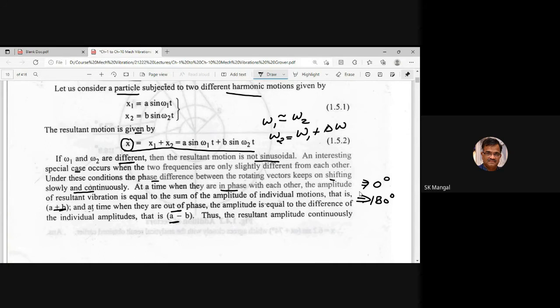So it means when the frequencies of the two simple harmonic motions are approximately equal, you get a continuous variation of amplitude and phase difference.